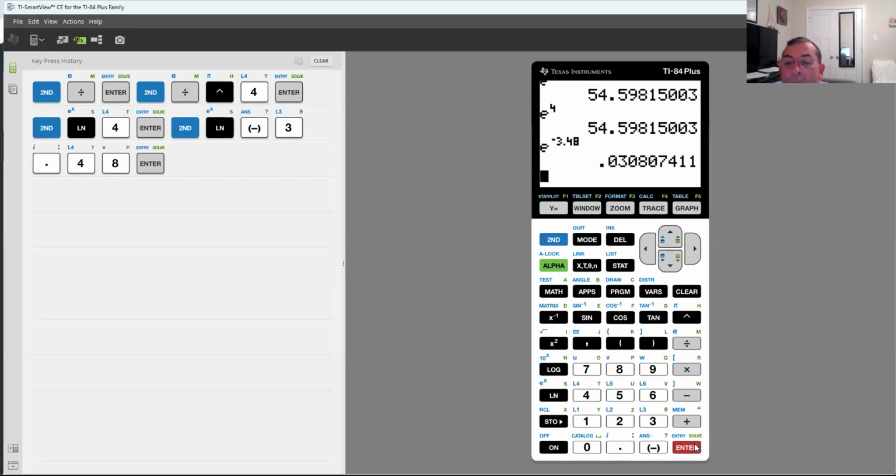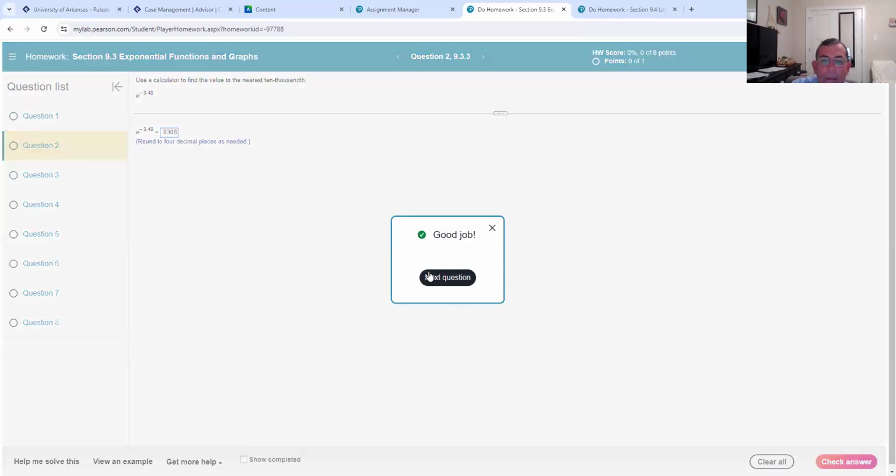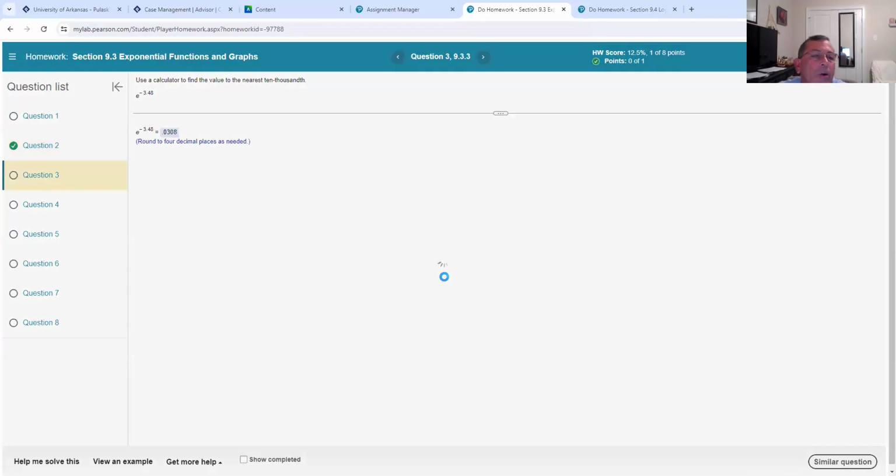So this will be 0.030. So the 8's in the 4th spot. Got a 0 after it, so we'll keep that 8. So 0.0308. So we would go put that in. And y'all, that's the trick on those first 2.